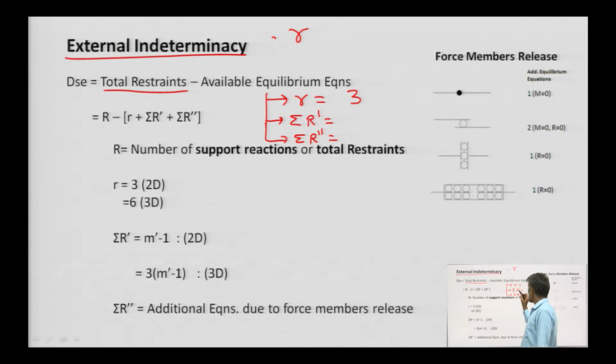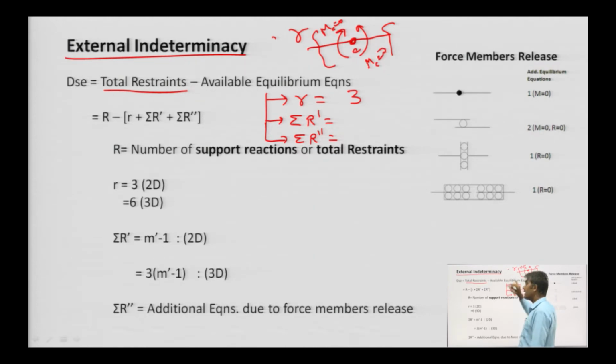What is sigma r dash? These are the additional equilibrium equations due to the presence of an internal hinge. Suppose this is a member and the internal hinge is here, and suppose this point is C. Then M C equals 0 for the left part, and for the right part also the value will be 0.